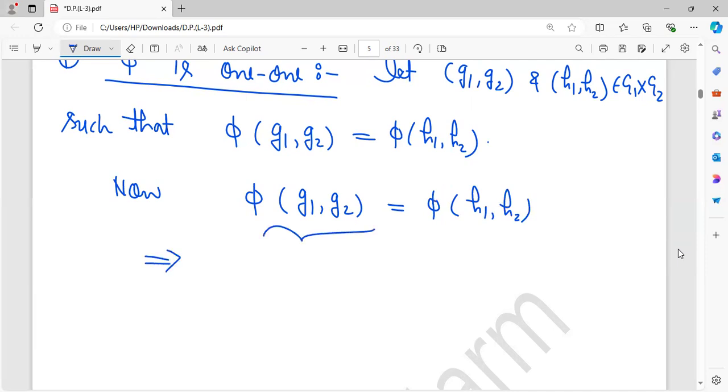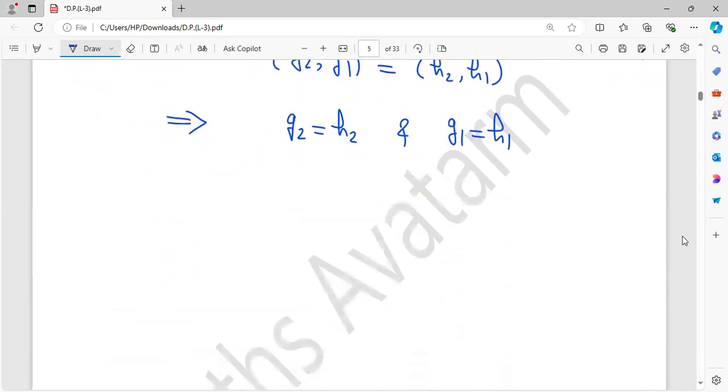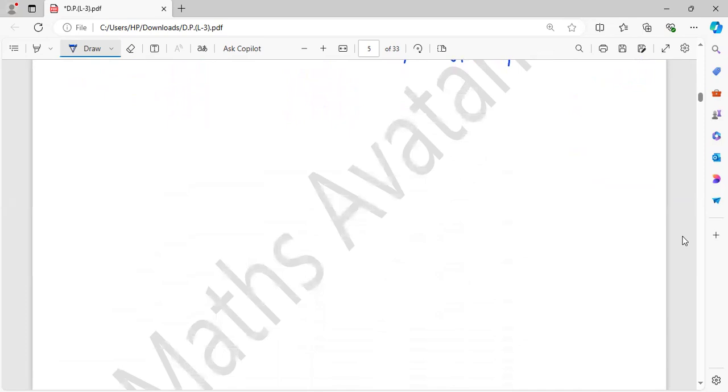So what is this? This is (g2, g1). And what is this? This is (h2, h1). So if we compare both sides, g2 will be h2 and g1 will be h1. So this implies (g1, g2) equal to (h1, h2). So this implies phi is one-one.